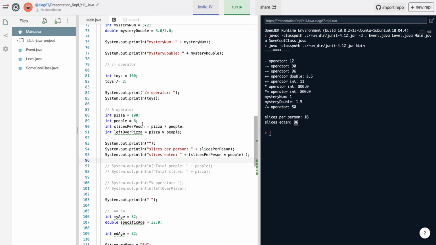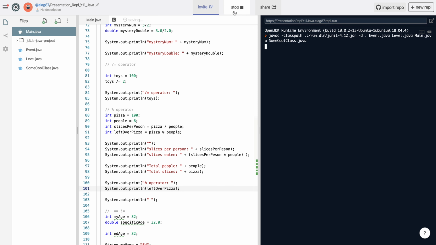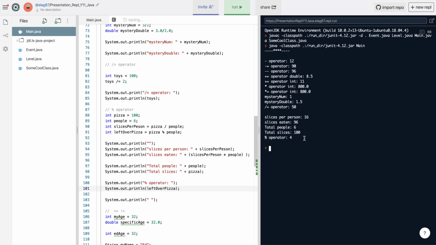So what's going to happen? We can get the leftover amount with the modulo operator. In this case, for the leftover amount, we would notice that the modulo operator would give us what's left over, which would be 4. So 100 modulo 6 is the same as saying divide 100 by 6 and give me what's left over.